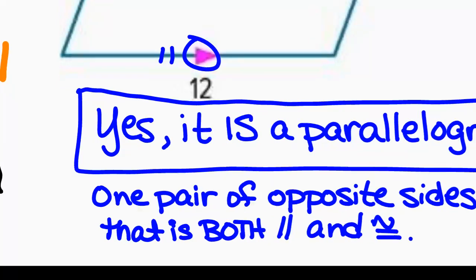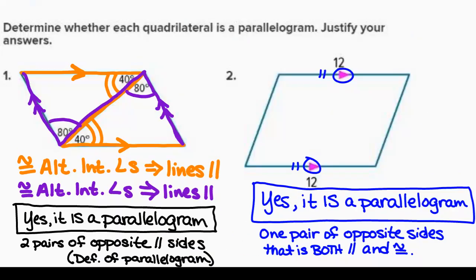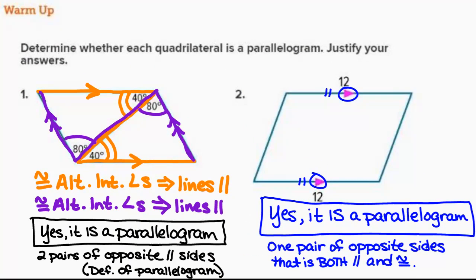So that would be my reasoning there. Nice work on the warm-up. So make sure you're watching for alternate interior angles. They can definitely come up in all the things that we do where we have parallel lines.